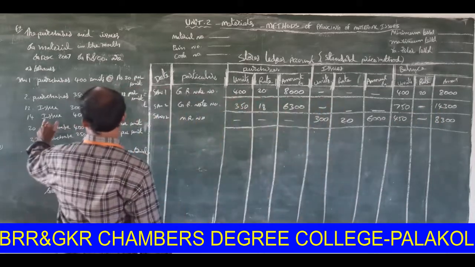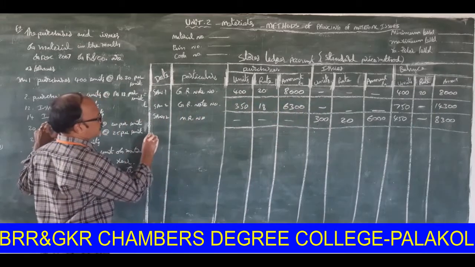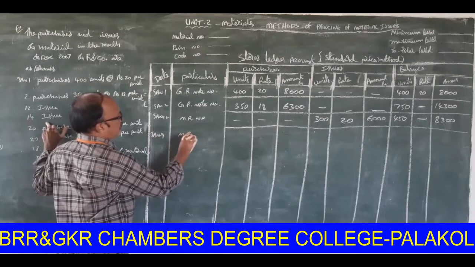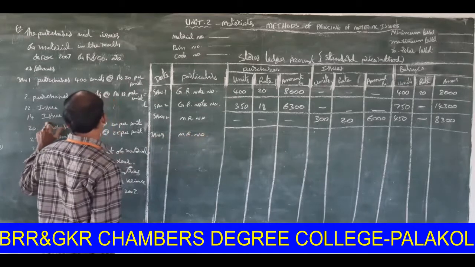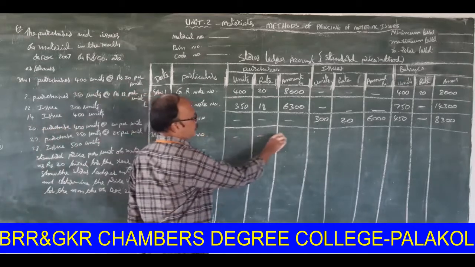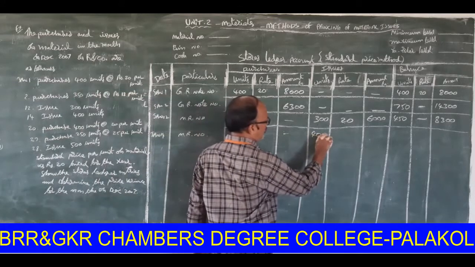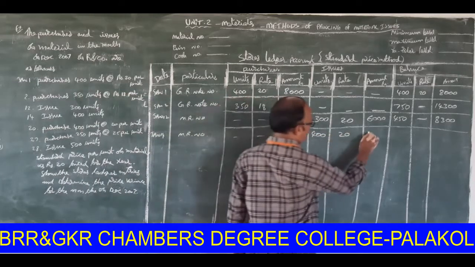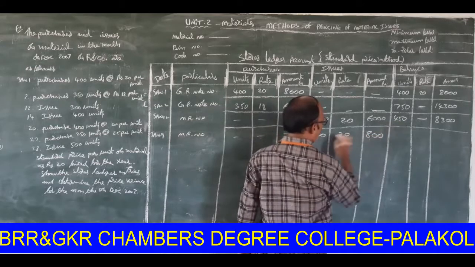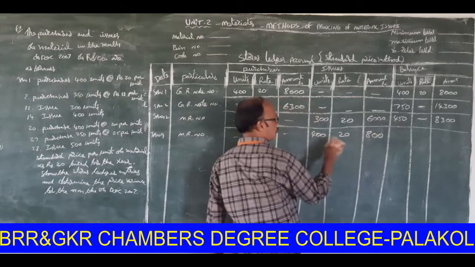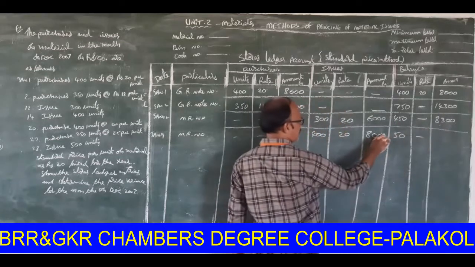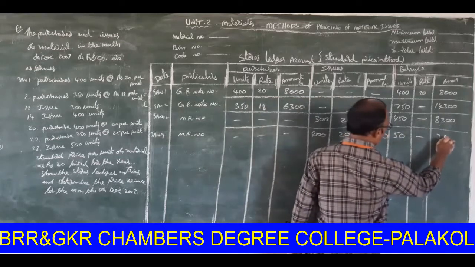January 14th, material requisition number. How many units? 400 units. What is the standard price? 20 rupees. So 8,000. 450 minus 400, 50. 8,300 minus 8,000, that is equal to 300.